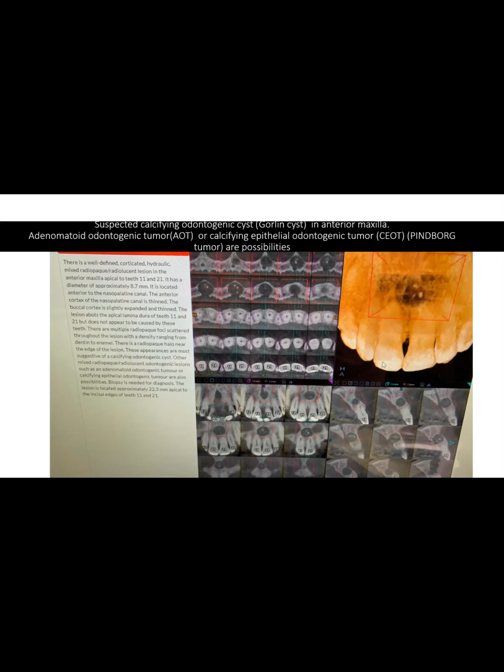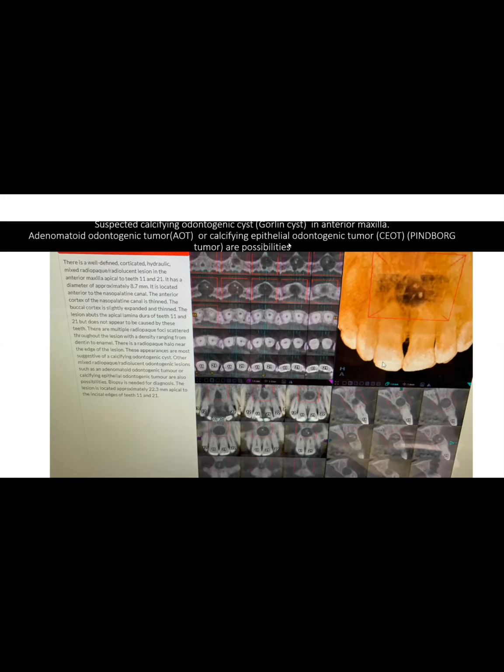Is there something to do with who gets it more, what age group, what the location is, and the rule of 2/3? 2/3 of the time, it's associated with what? With an unerupted tooth. 2/3 of the time, it's appearing up between what? Lateral and the canine, right? 2/3 of the time, it's girls more than boys, right? Anybody who knows more can correct me, please. I'm an old man, I can forget.